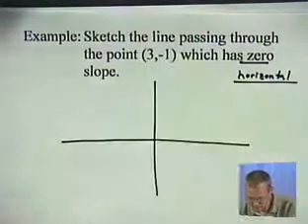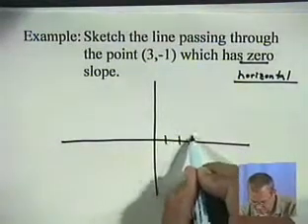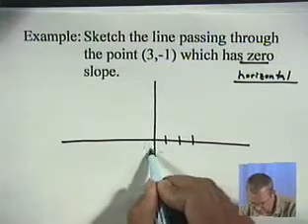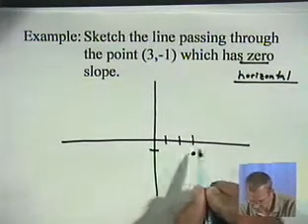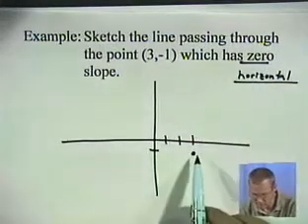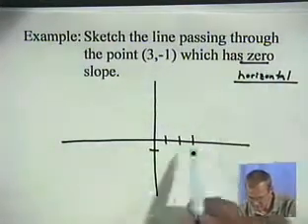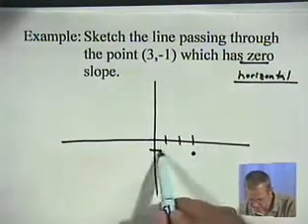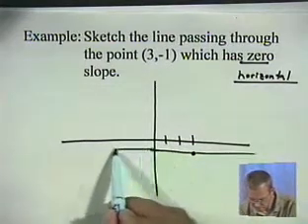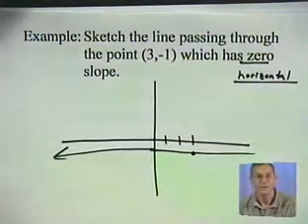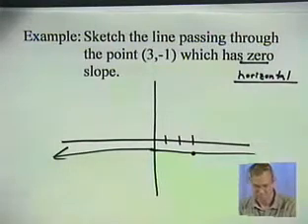Let's plot the point 3, -1. And since it has 0 slope, there is no rise over the run, but we know it's horizontal. So there is my horizontal line.